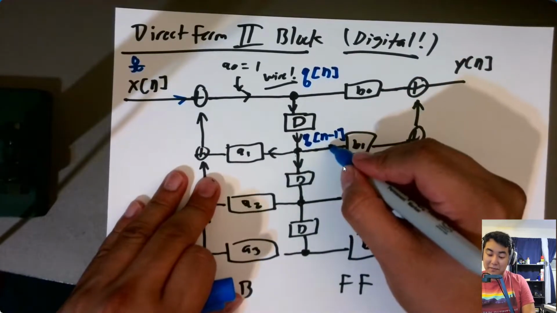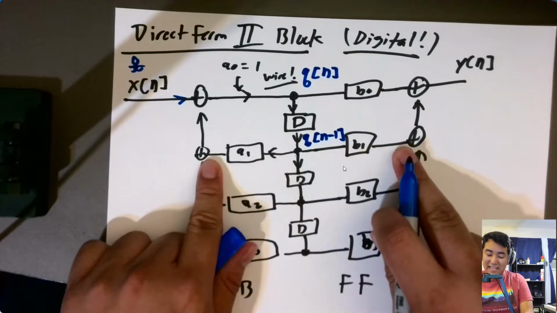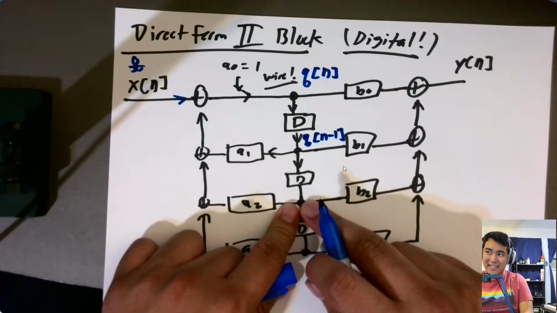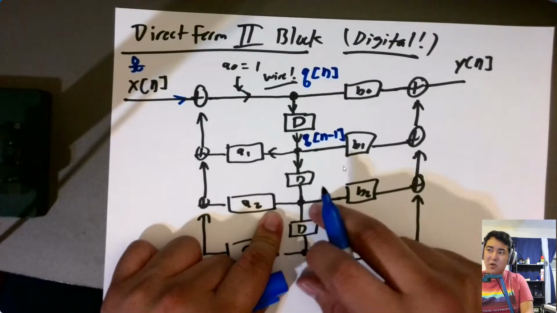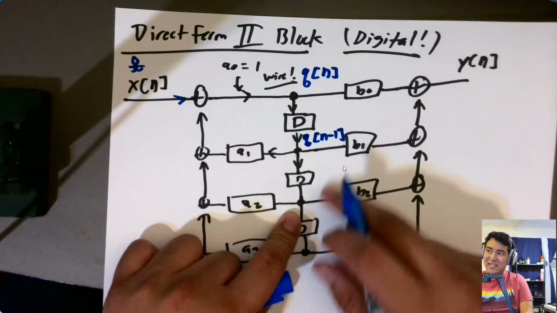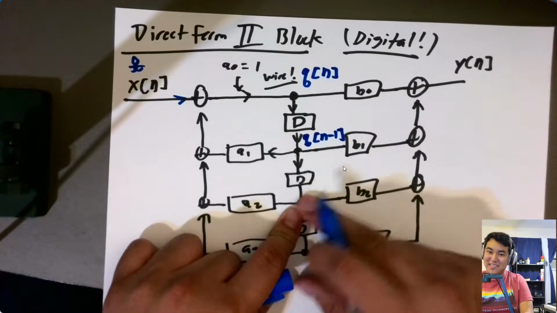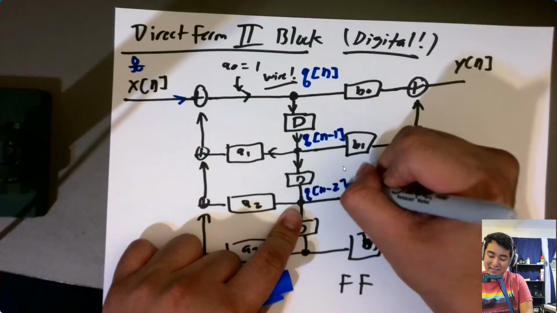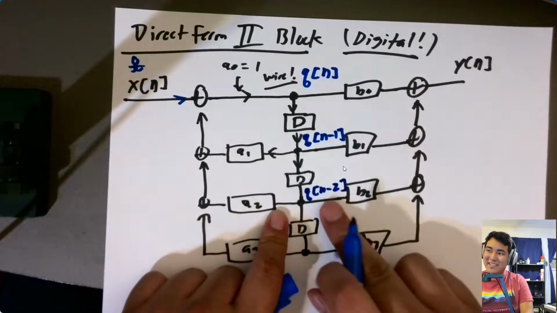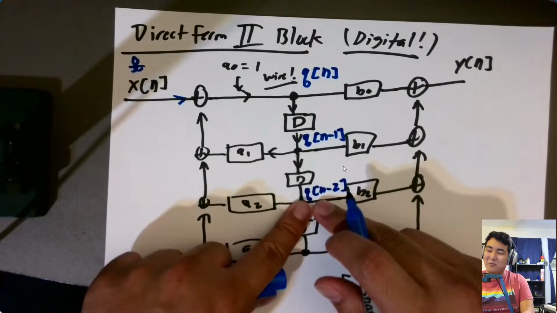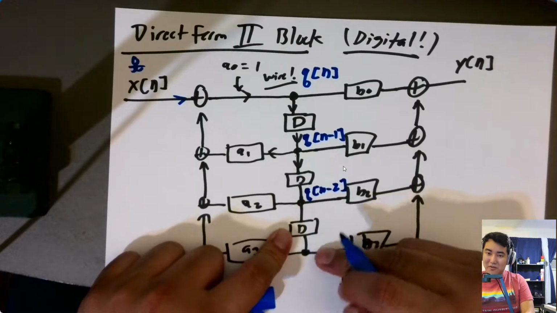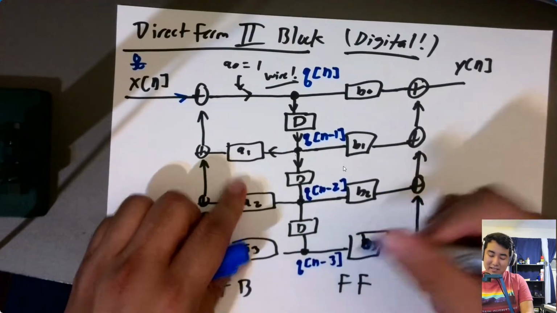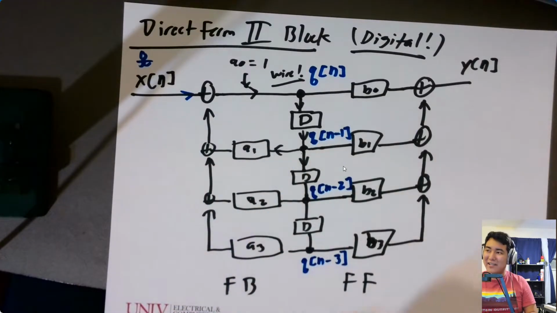And now this Q of n minus 1 goes through these gain blocks back up here, and it goes through this other delay. What's the node value right here? What's this node if Q of n minus 1 goes through this delay? Q n minus 2. Hey, pretty cool. And then you start seeing the pattern. Q of n minus 2 going through the delay, Q n minus 3. Makes sense?